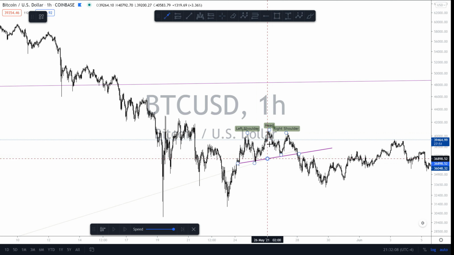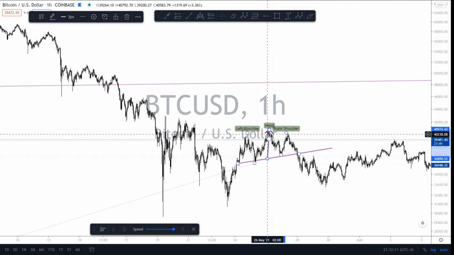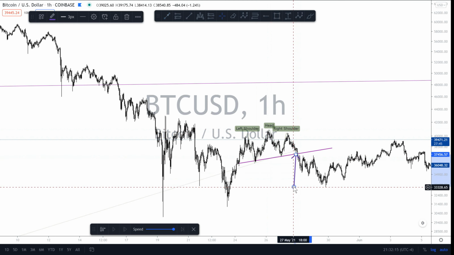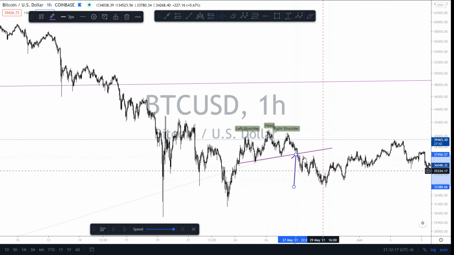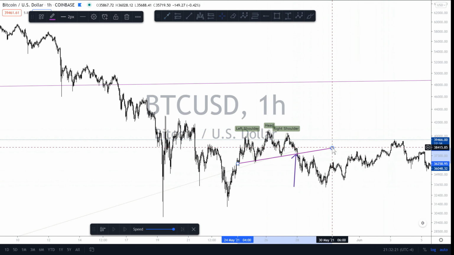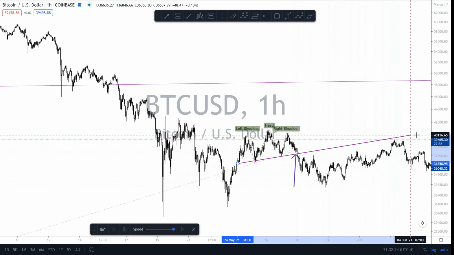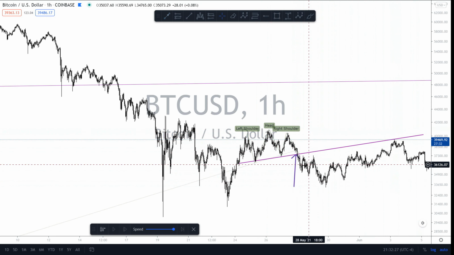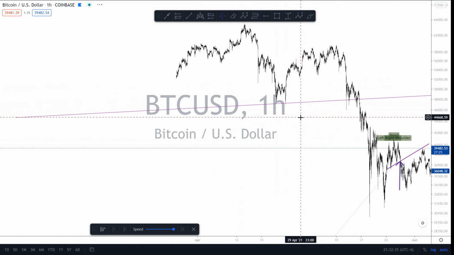Measure the distance from the neckline to the top of the market, simply pull this over, and you have a destination of where the market can get to. And after that, the market tends to retrace right back to the neckline. So if I extend this out a bit, you guys can see we pretty much got right back to that region.